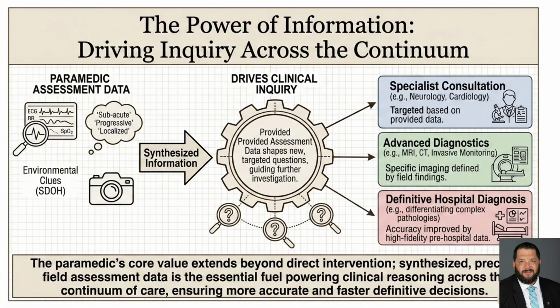The other thing to keep in mind as you move through the rest of the assessment modules is that your job at the paramedic level is not to fix every single problem. Your job is to gather information and help drive that continuum of care. We mentioned a moment ago the patient that may need to go to a lesser acute facility for a lesser acute problem, as opposed to taking them over a long distance to a busier STEMI center or acute coronary location. But it's not just as simple as choosing the right destination.